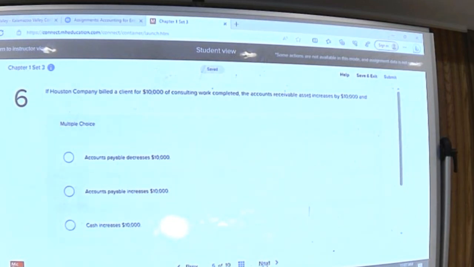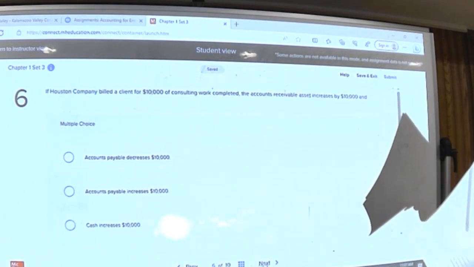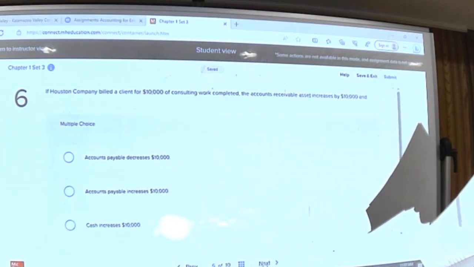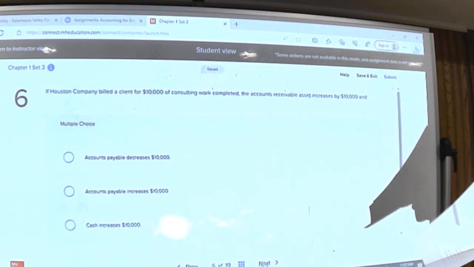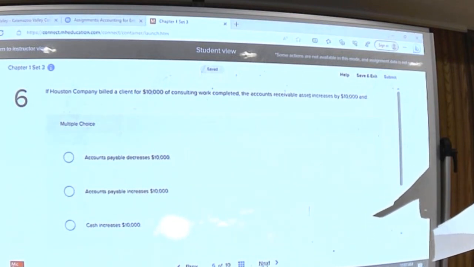Number 6, here we've got Houston Company. They've done some consulting work, and so they bill this particular client for $10,000, okay? They bill them. That means they didn't get paid off. They have the client's promise to pay that debt, and we show that promise as an account receivable.